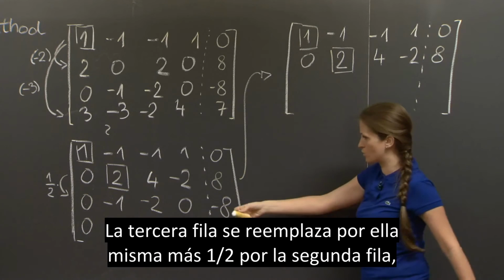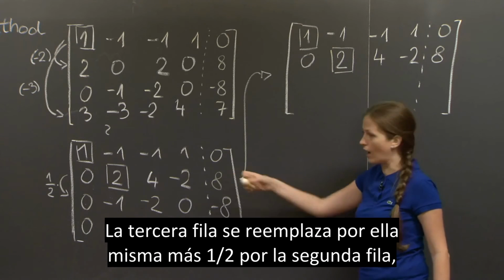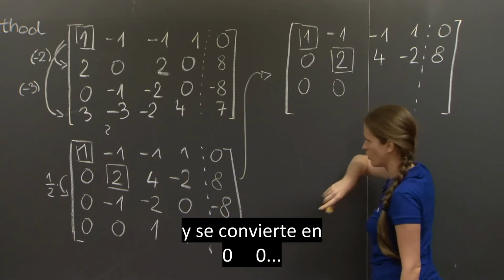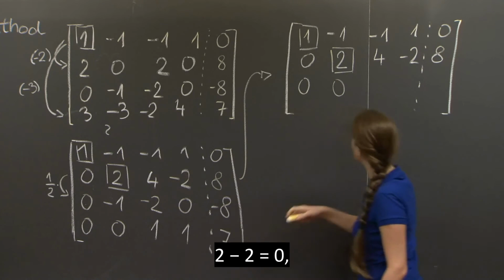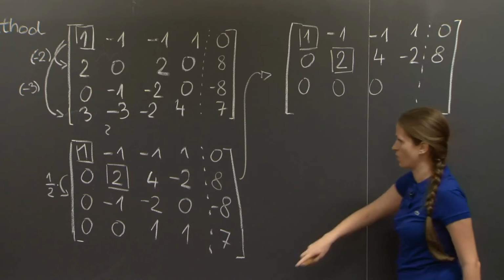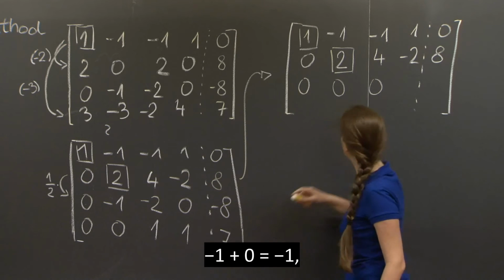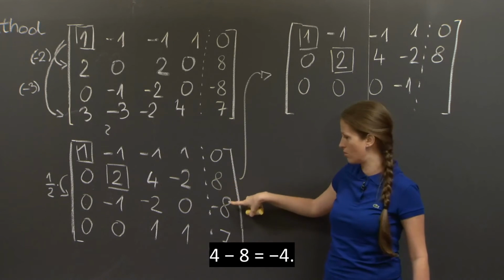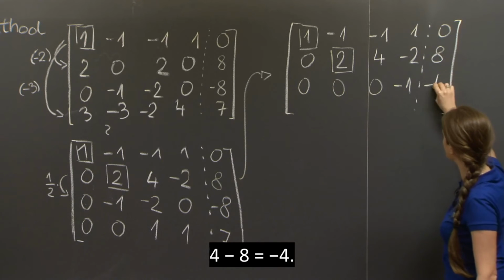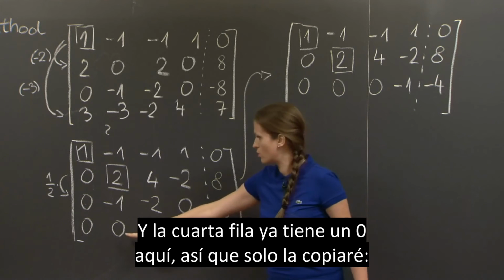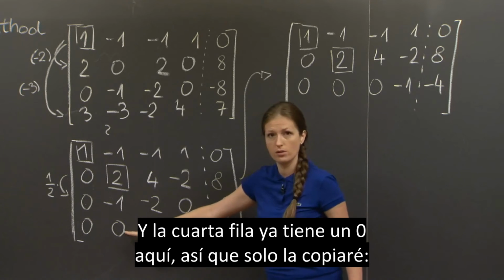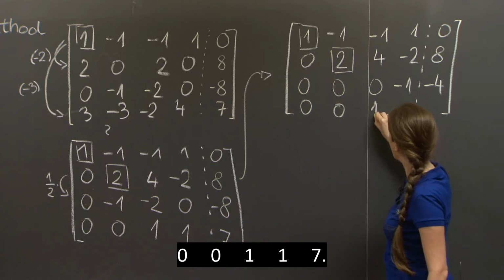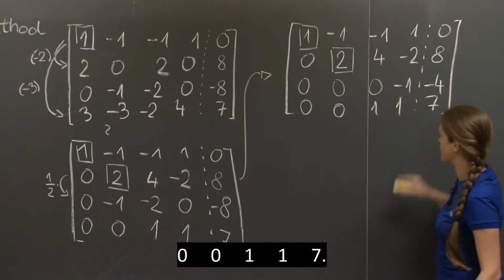The third row gets replaced by the third row plus 1/2 times the second row and becomes 0, 0, 2 minus 2, which is 0, minus 1 plus 0, which is minus 1, and 4 minus 8, which is minus 4. The fourth row already has a 0 here, so I just copy it over: 0, 0, 1, 1, 7.